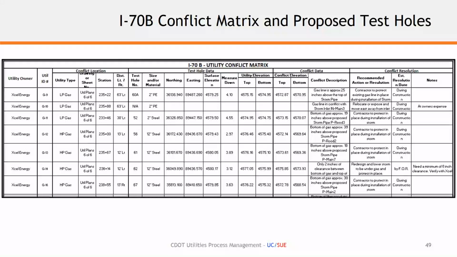Not only did it tell us initially in our utility coordination that we had a conflict in that location, it also helped us identify safety critical work for the project, because we have a 14-inch section that's going to be reconstructed over the top of this. When you take 14 inches off that 3-foot measure down, you've got a high pressure gas line that doesn't have 2 feet of cover over it.